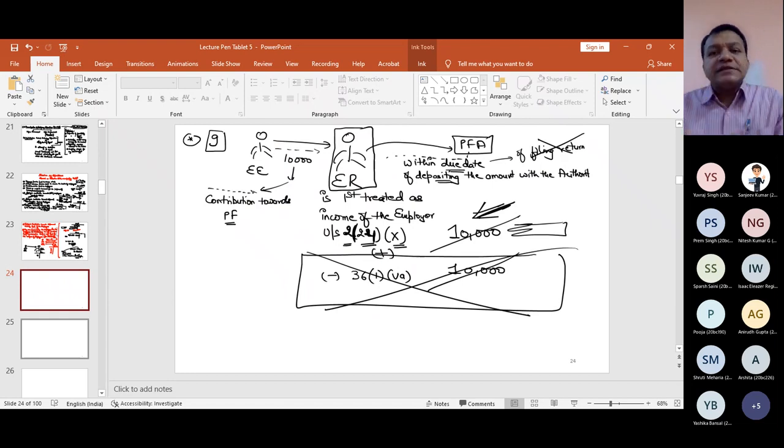When any employer receives something from the employees, where the employees say that please deposit this in my provident fund account, the employer will include this as its income, and the moment the employer deposits it with the designated authority with whom the employee has the provident fund account, the same amount will be written as deduction or as an expenditure under section 36 subsection 1 clause 5a.